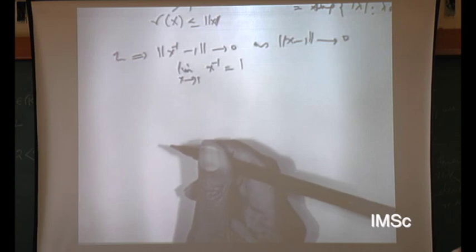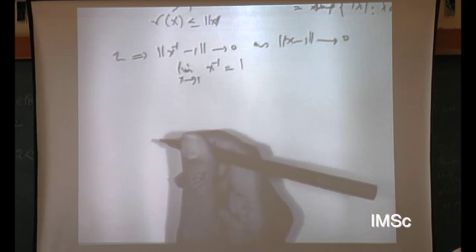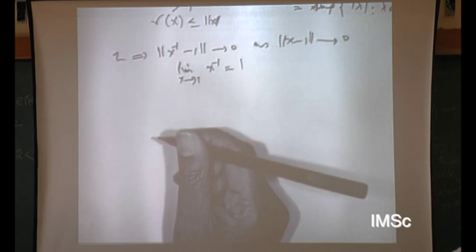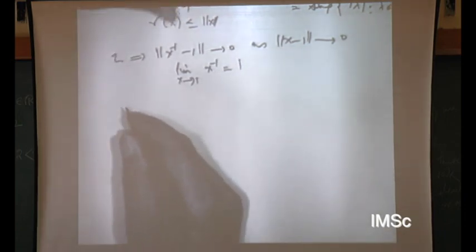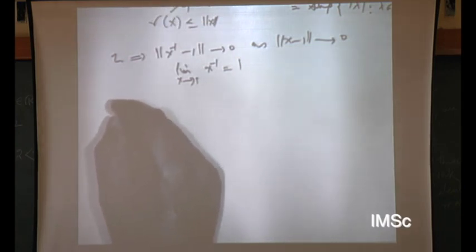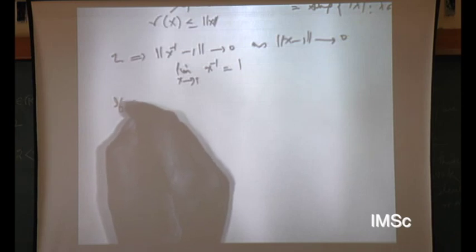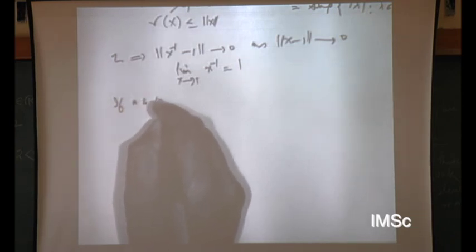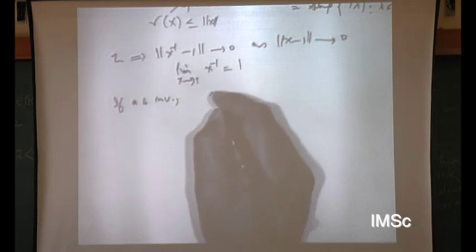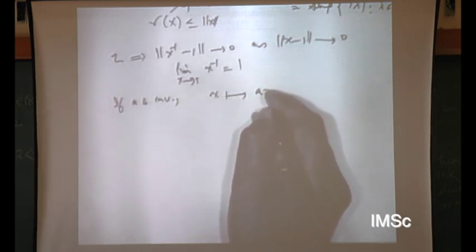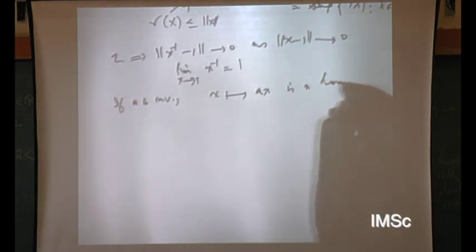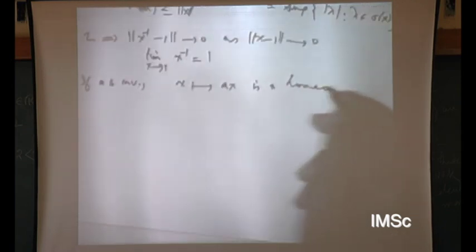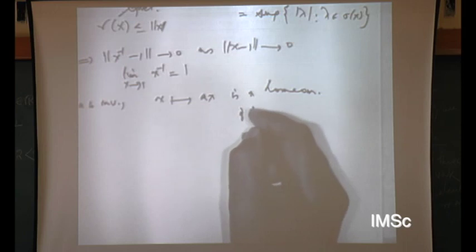That is, the product is related to the norm by being submultiplicative: norm AB is less than or equal to norm A times norm B. What that means is that if A is invertible, then x going to Ax is a homeomorphism of B of H onto itself.